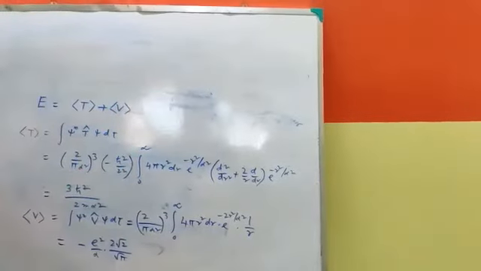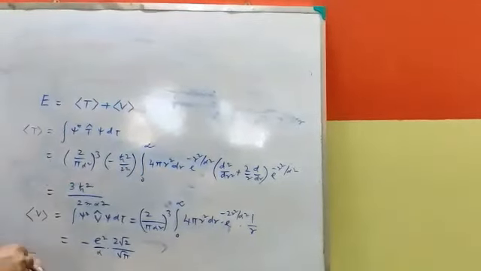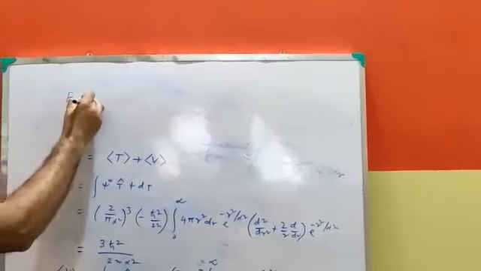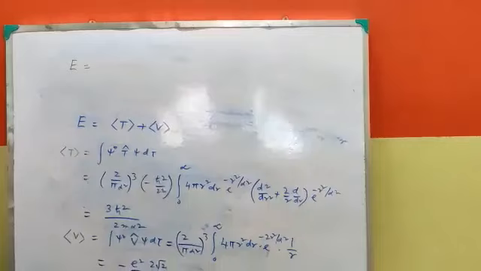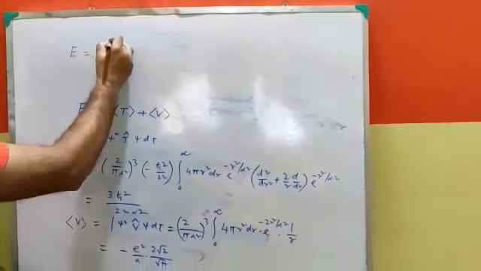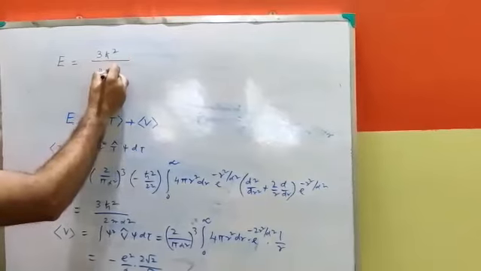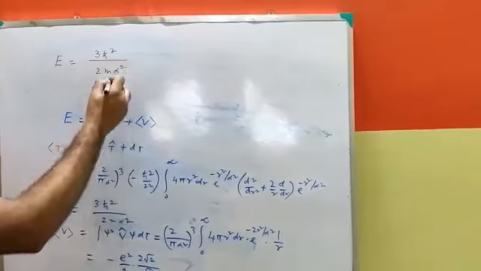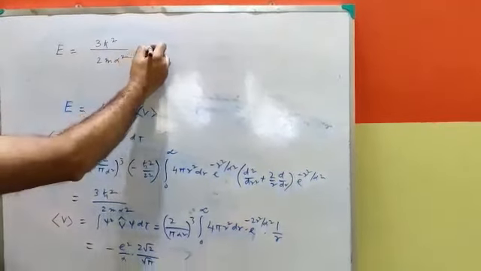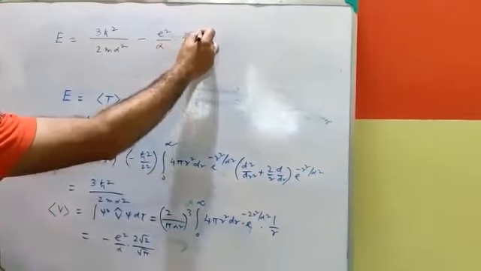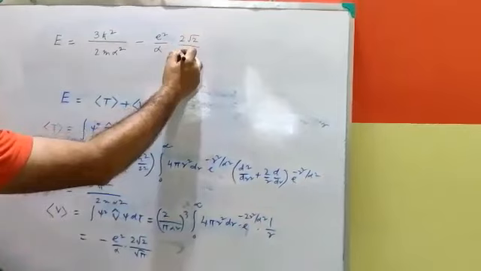So total energy E will appear as 3h cross square by 2m alpha square minus e square by alpha times 2 root 2 by root pi.